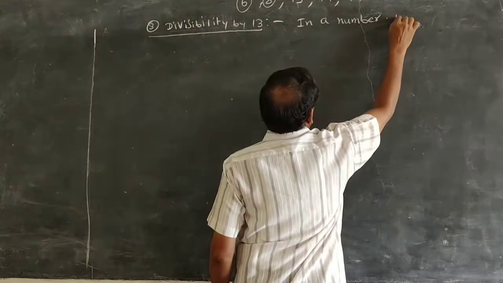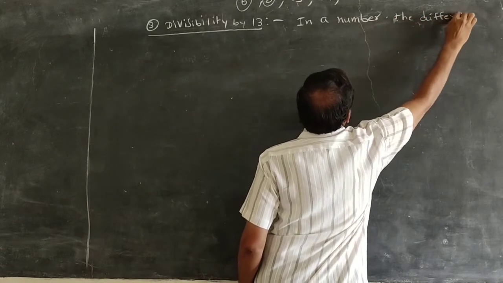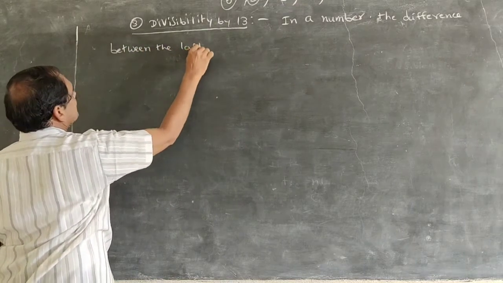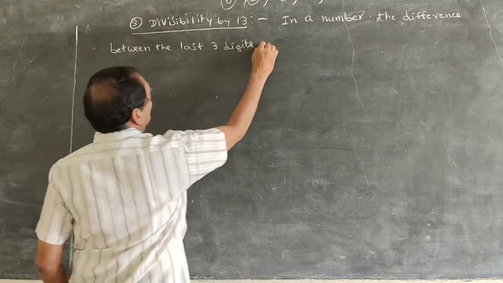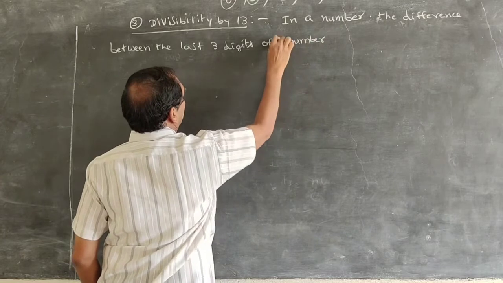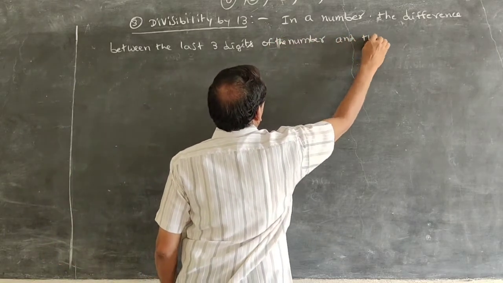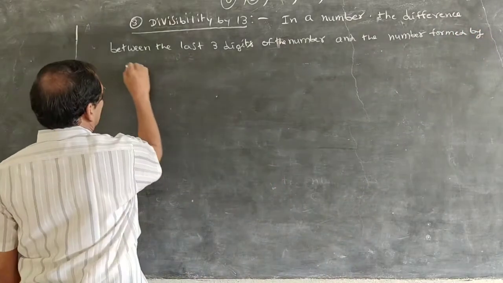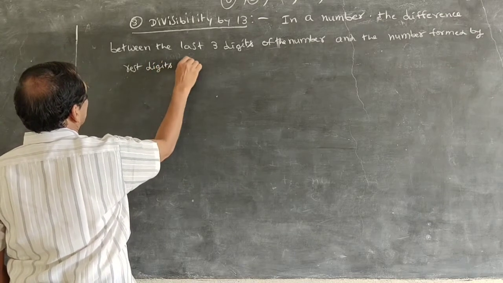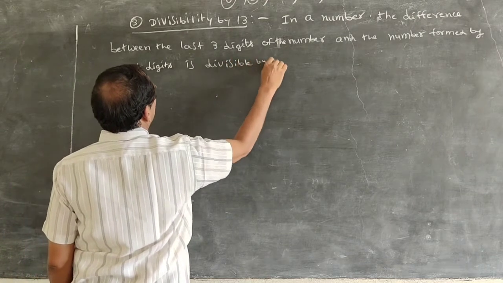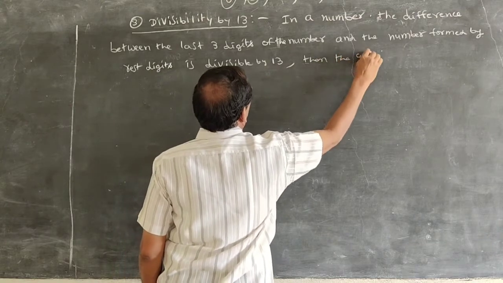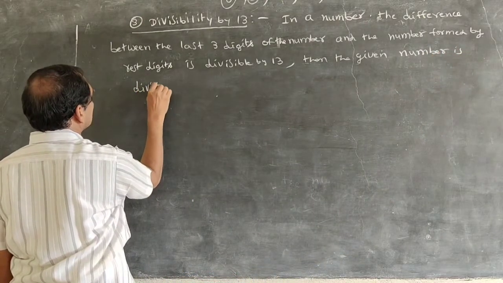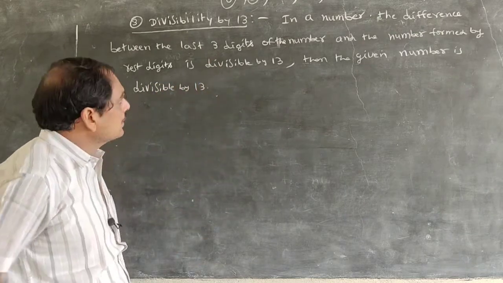In a number, if the difference between the last three digits of the number and the number formed by the rest of the digits is divisible by 13, then the given number is divisible by 13. So this is the divisibility rule for 13.